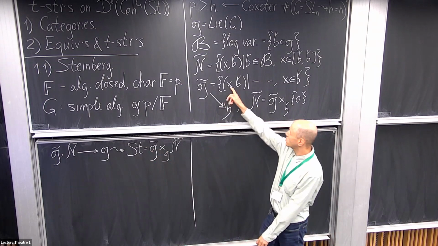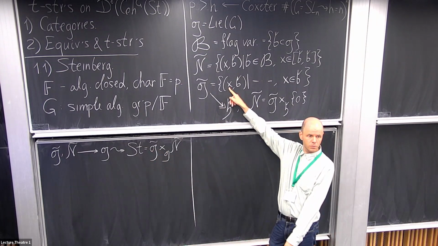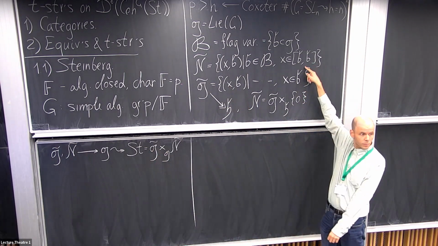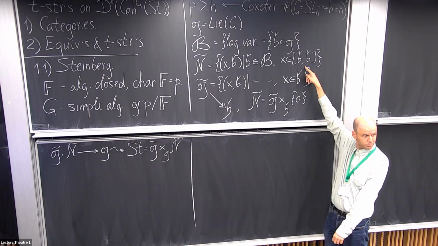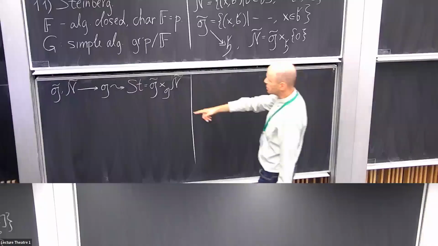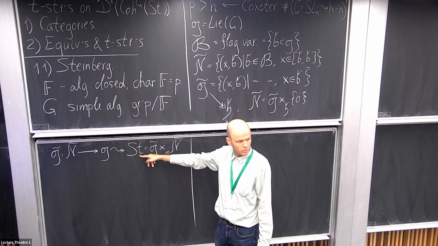The first element is still X, an element of g. And then I have two Borels, B1 and B2, and I want X to be contained in B1 and in the derived subalgebra of B2. Okay. And it's a fairly nice variety. It's a complete intersection, and it's reduced.